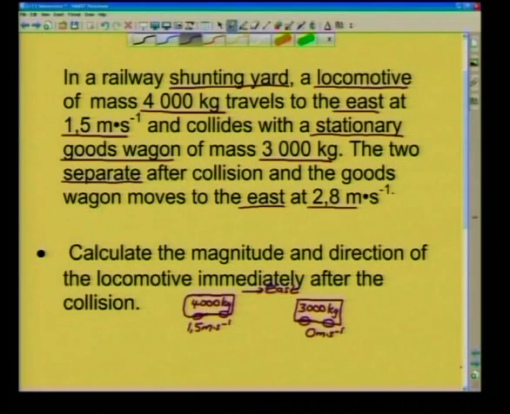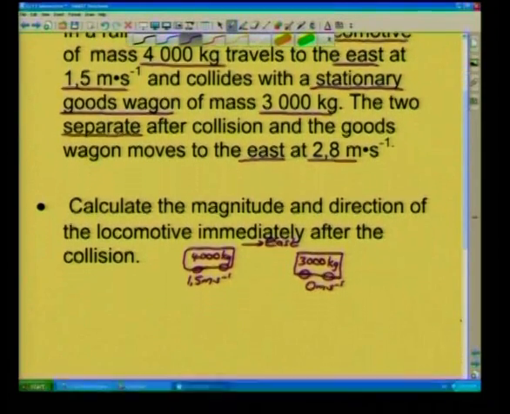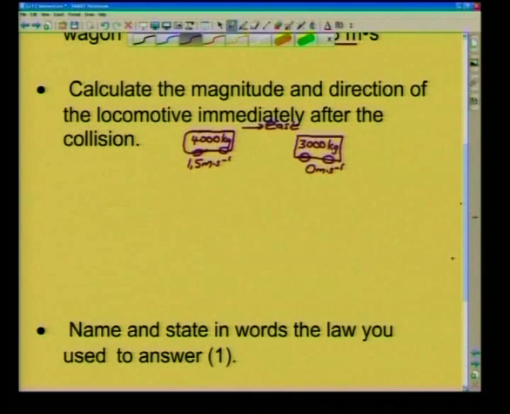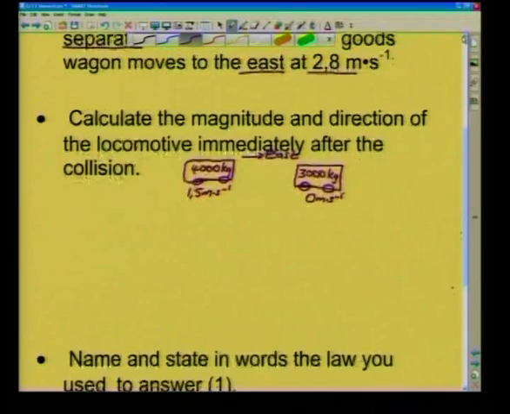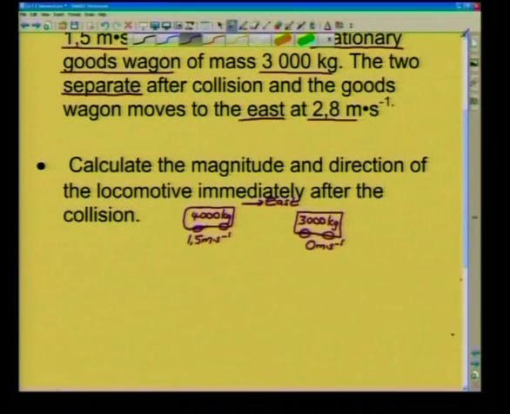Now, after collision, we are told that the wagon moves to the east. This is the wagon, and this is after. Let me draw this line.